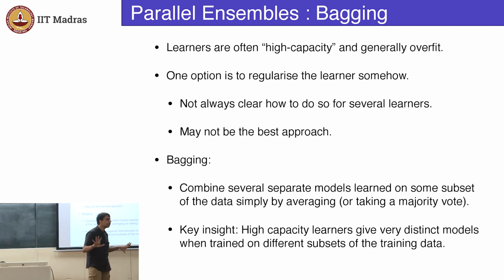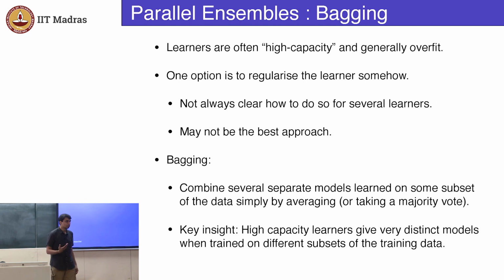They are very, very different. By combining them, you can essentially average out the noise, because each model has different noise. If you have 100 models that are all the same, averaging will give you nothing.